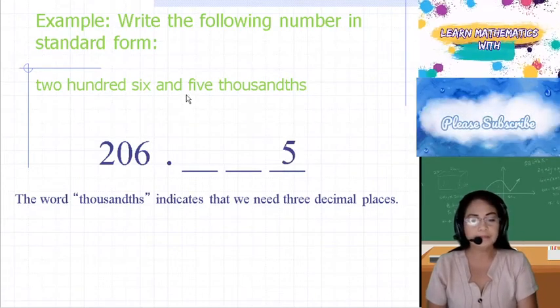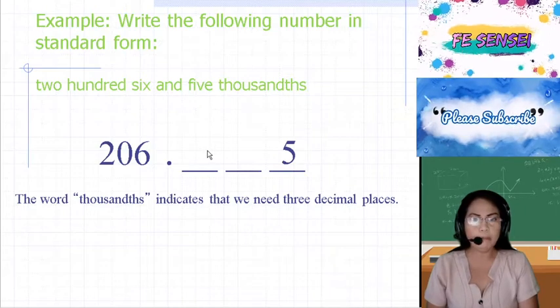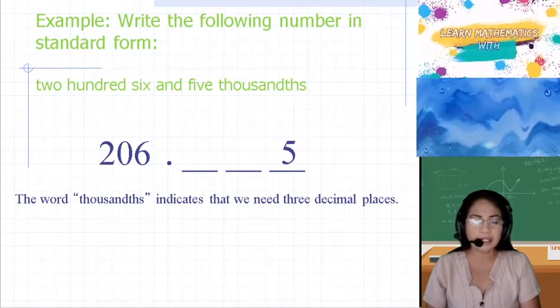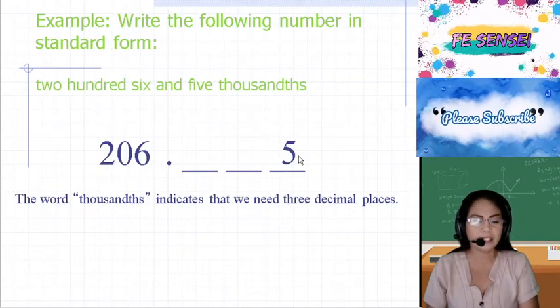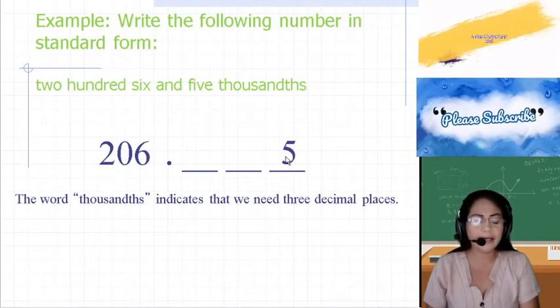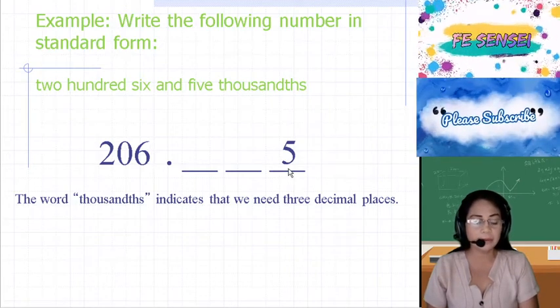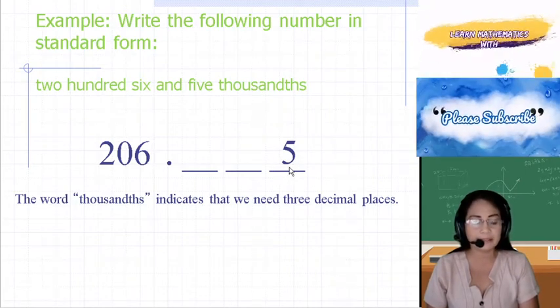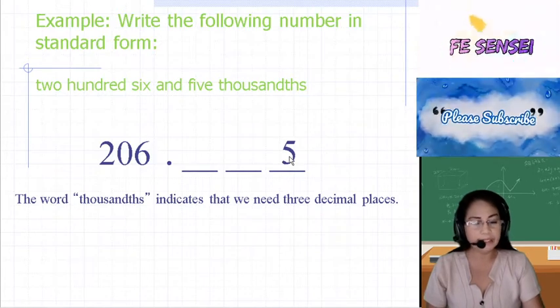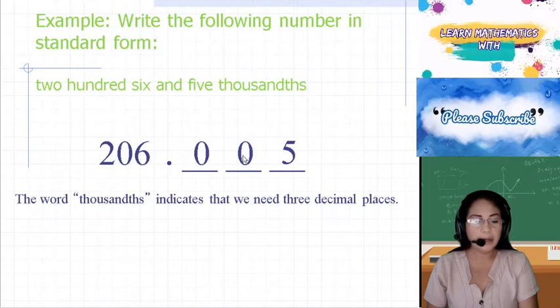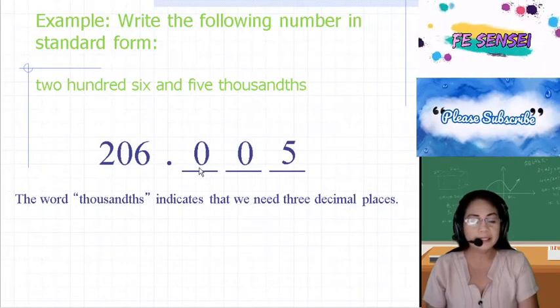Then 5 thousandths. Remember, always write the number in the last decimal place. So it's 5. Then write 0 on the spaces before it.